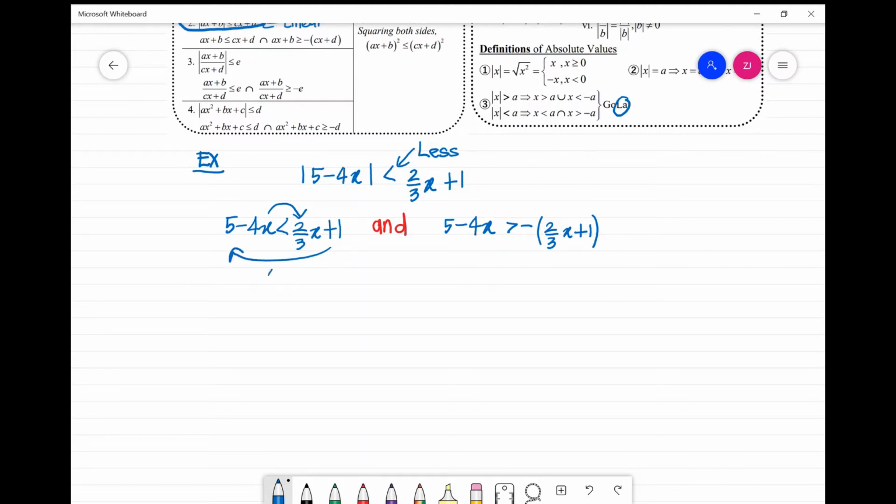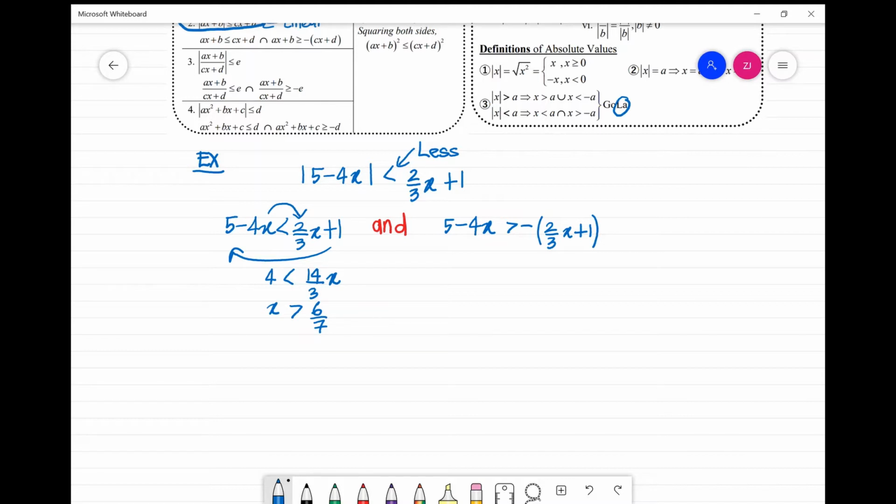We will have 4 less than 2 over 3x plus 4x, which means we have 14 over 3x. Then we cross multiply the constants, so we will have x greater than 6 over 7. Now let's solve the second linear inequality.